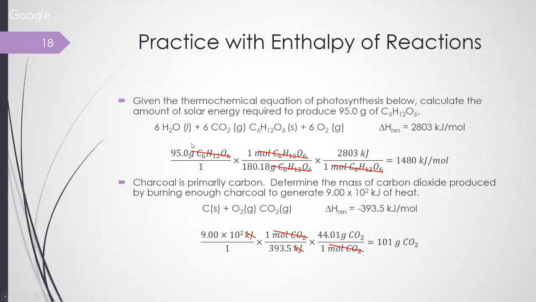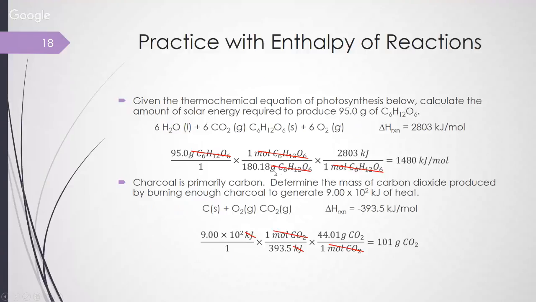Well, I'm going to do a set of conversions. And this always starts by converting mass to moles, so I need the molar mass. I find the molar mass of glucose by taking the mass of 6 times carbon plus 12 times hydrogen plus 6 times oxygen. That gives us 180.1 grams.